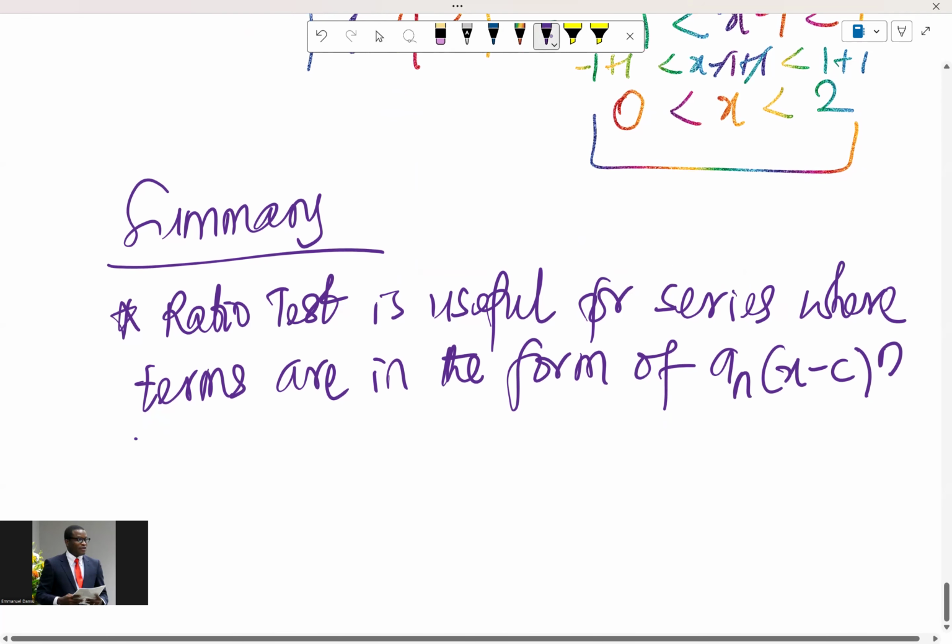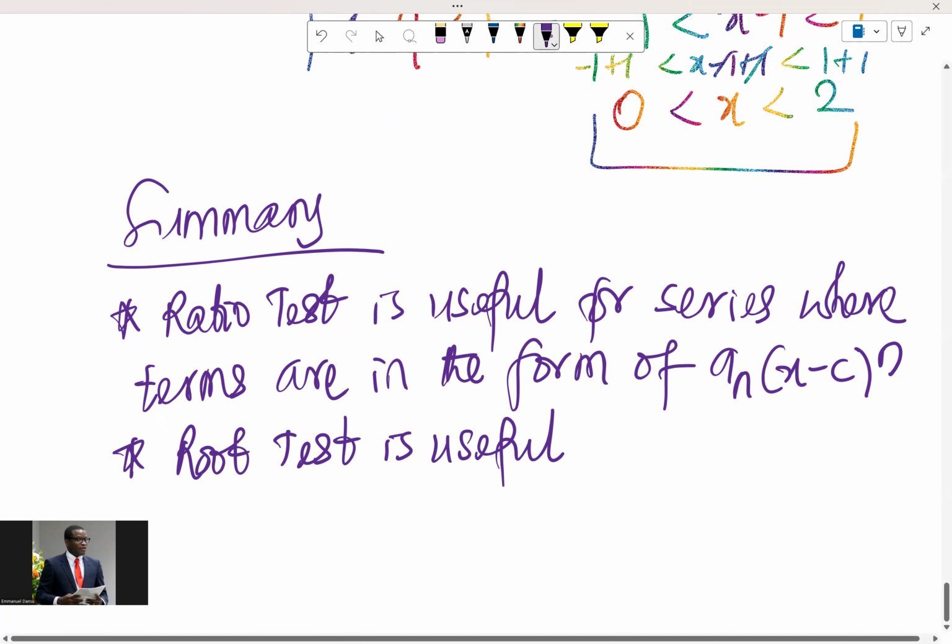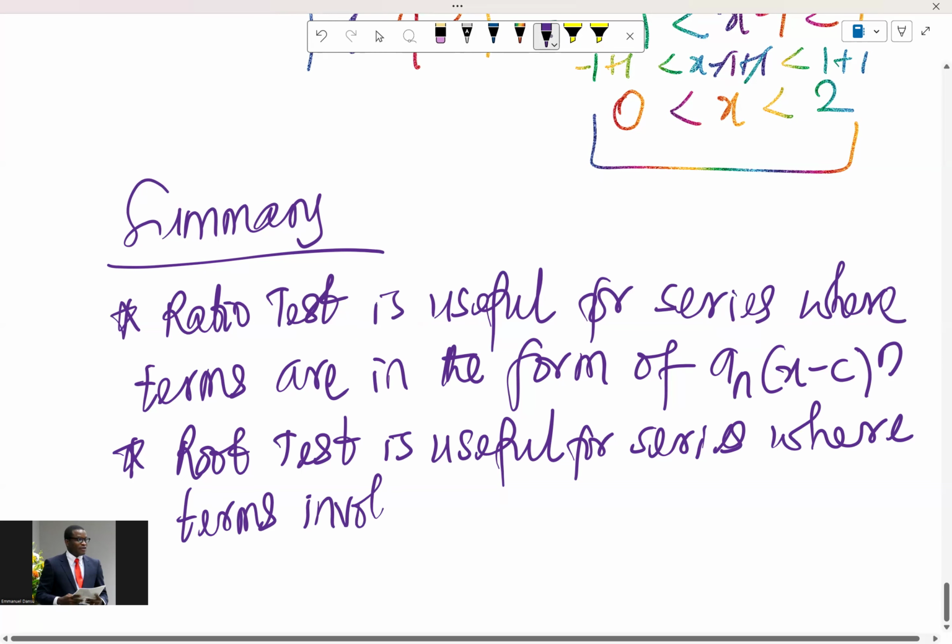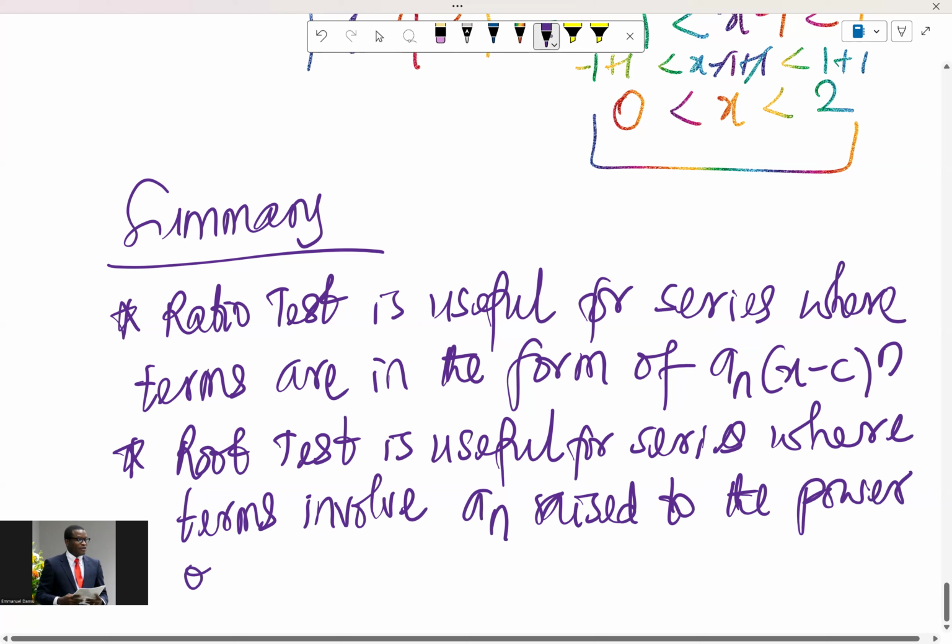And two, the root test is useful for series where terms involve a_n raised to the power of n.